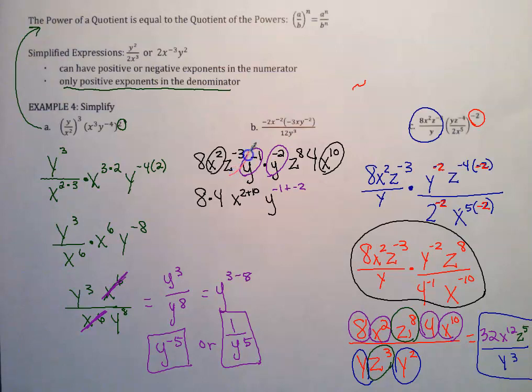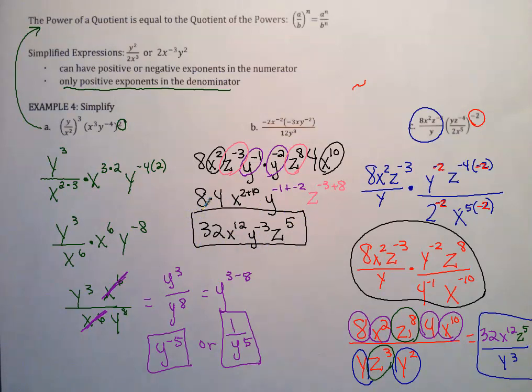And then we have z to the negative 3 plus 8 from this one. So that's still going to give us 32 x to the 12th, y to the negative 3rd, z to the 5th, which is also acceptable because I can have a negative in the numerator.